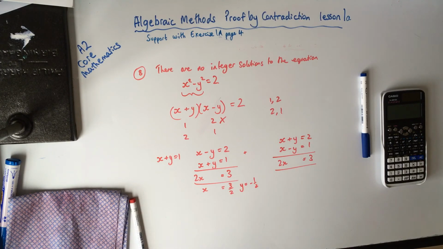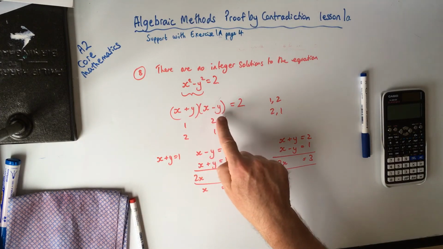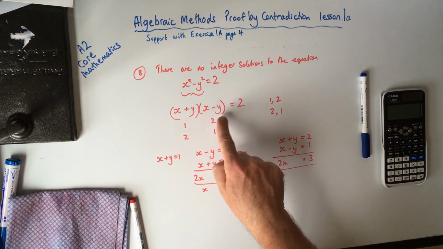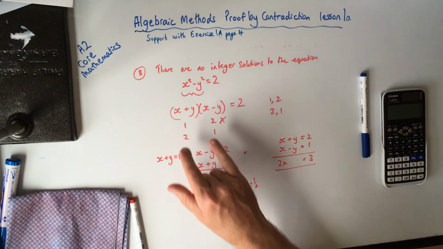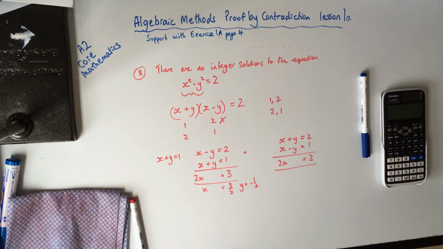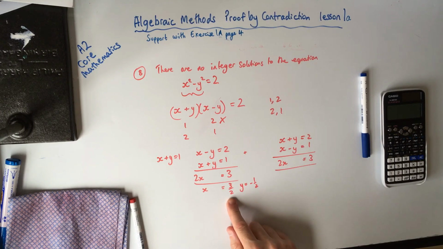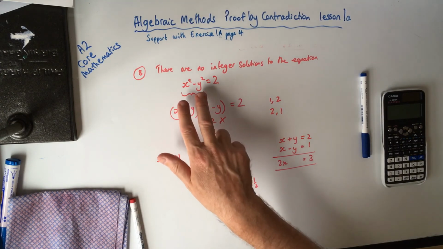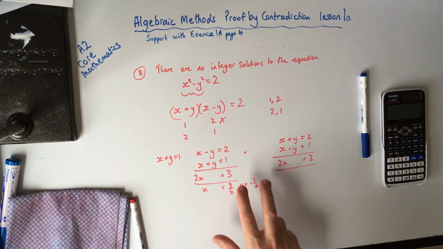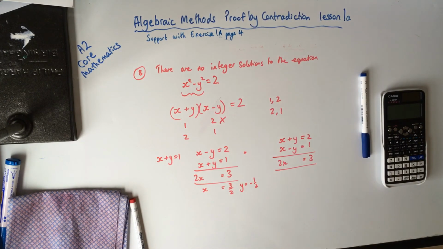And so we've proved by contradiction that you can't have integer values for x and y that give you two numbers that multiply together to give you 2, because we've proved that x and y have to be fractional for it to work.